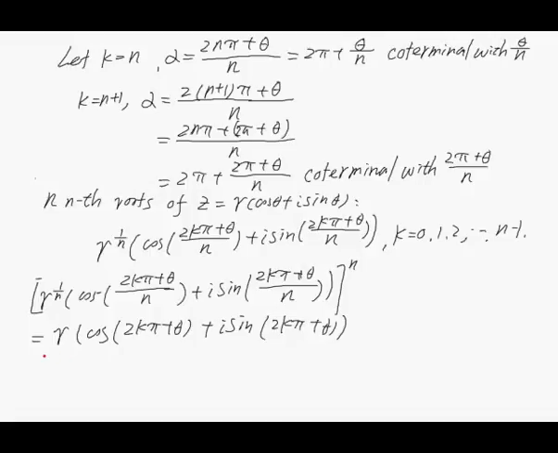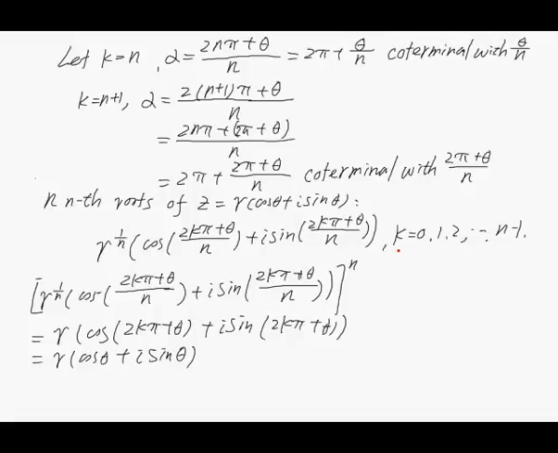And we know sine and cosine have 2 pi as period, so you can throw away any multiple of 2 pi. So you have r times cosine theta plus i times sine theta. So that just gives you the original complex number, and this verifies this is indeed an nth root of this complex number.